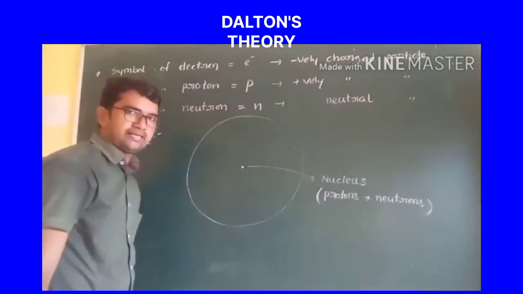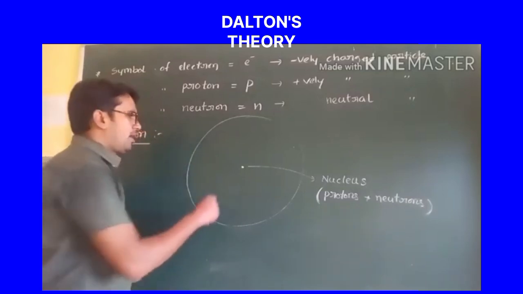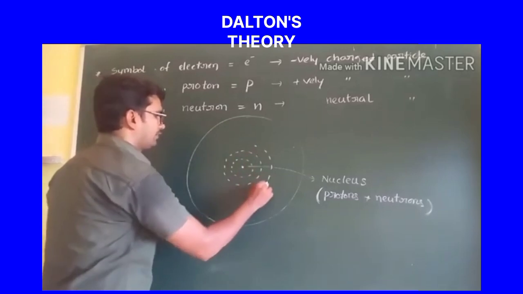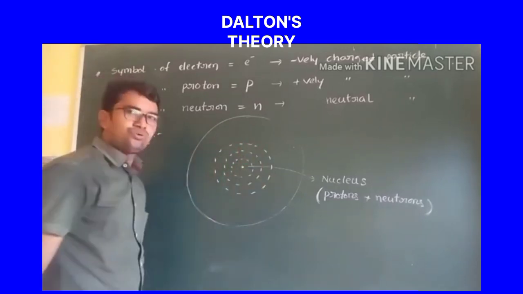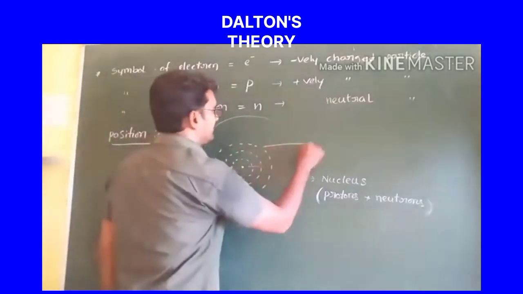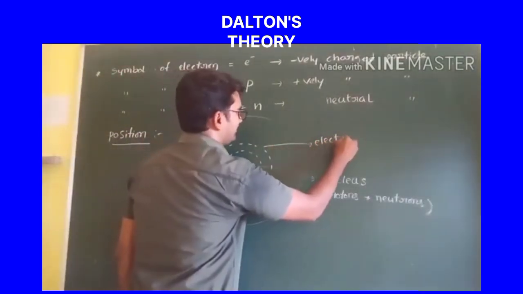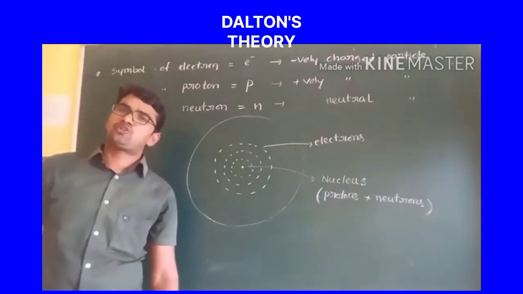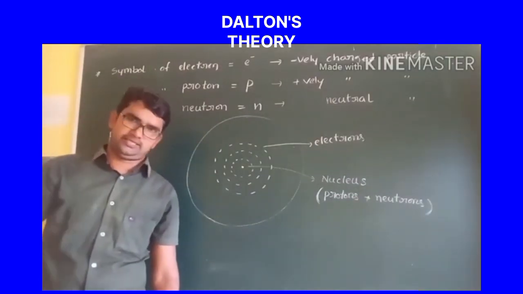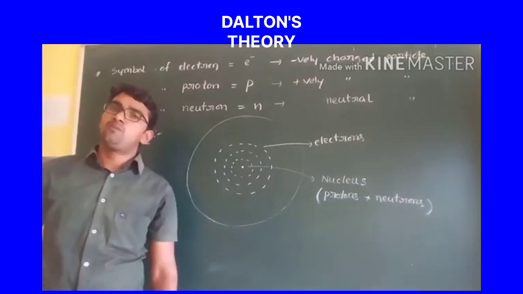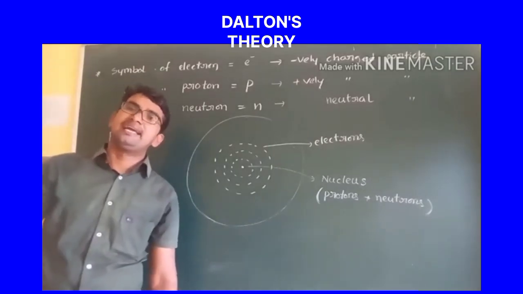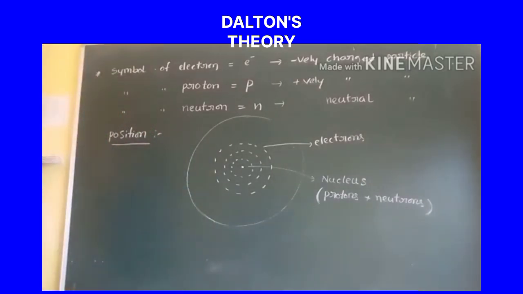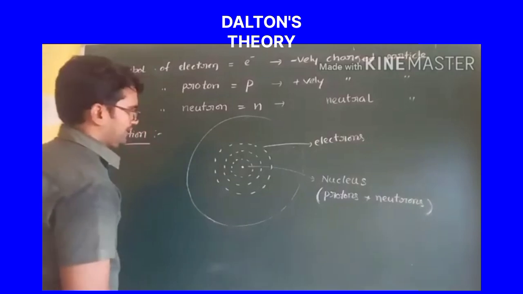And one more fundamental particle is there, that is electrons. But electrons revolve around the nucleus. Simply, what is the position of electrons? Electrons revolve around the nucleus. Both protons and neutrons are present inside the nucleus.